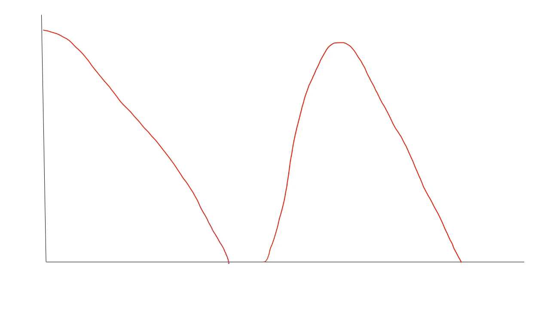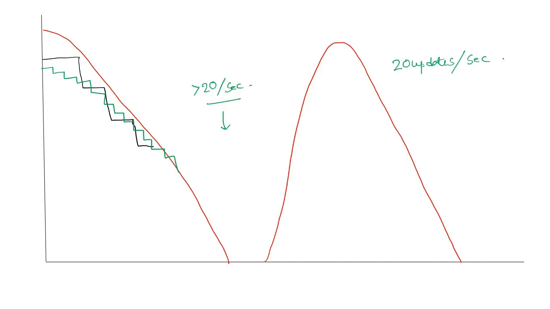Now, in this case, if you have a low update rate, suppose you have an update rate of only 5, then it is difficult for the surge control system to identify the surge. So it is better if you have a more frequent update rate. It has been observed through experience that an update rate of more than 20 times per second is required to adequately detect the surge. More than 20 updates per second is required.